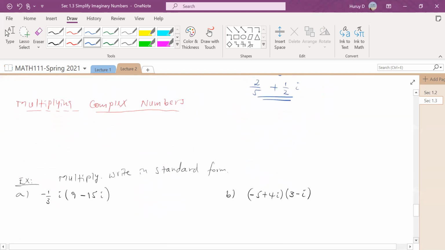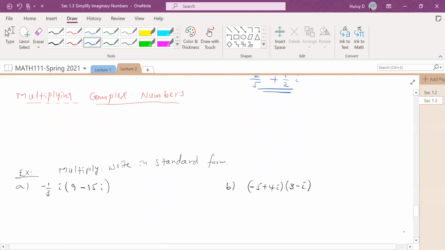Okay, and then multiplying complex numbers, and at the end we will see how to divide complex numbers. So with multiplying complex numbers, it's just similar to polynomials. We distribute whatever is multiplied into the parentheses.